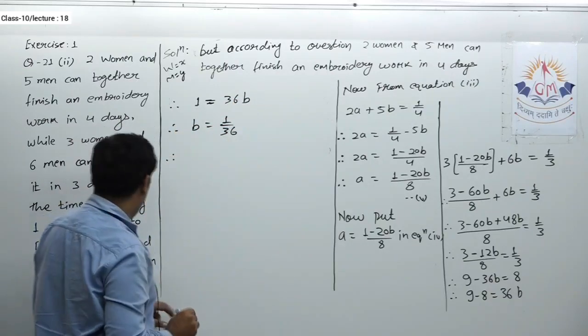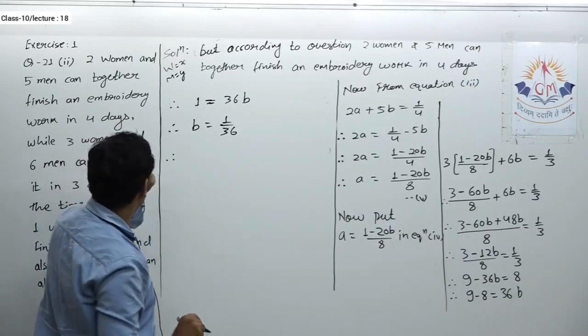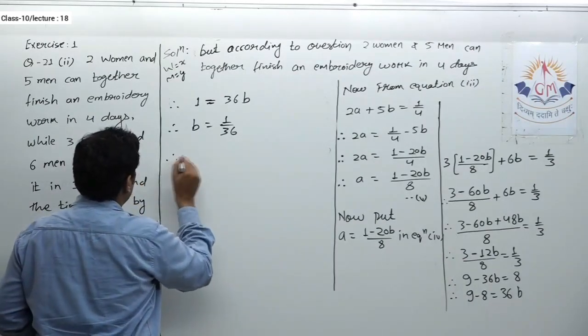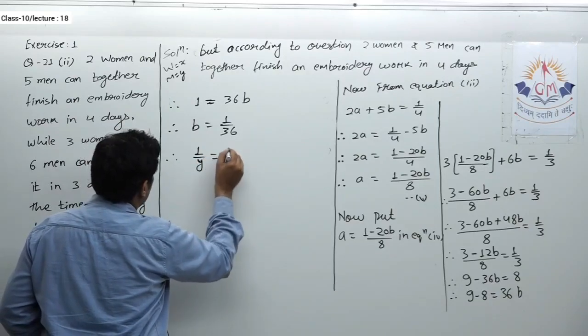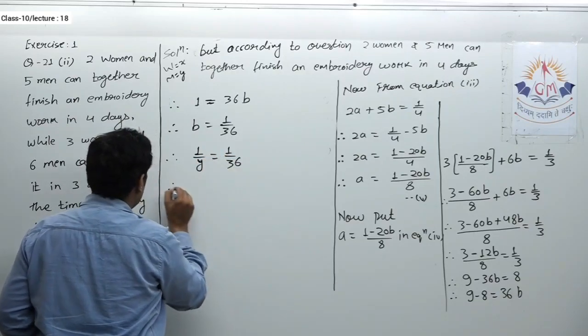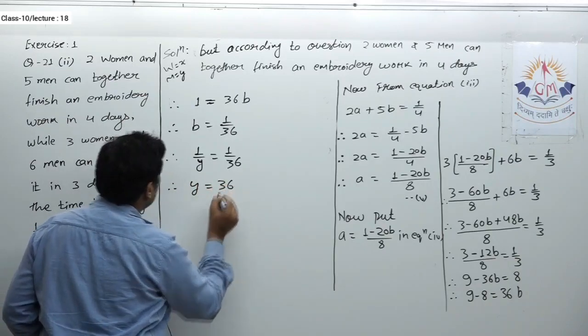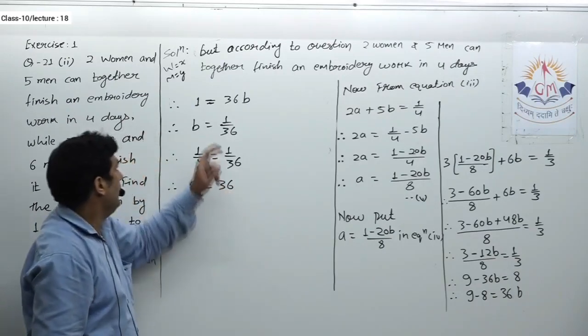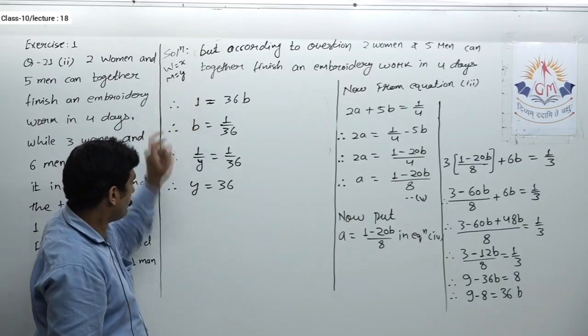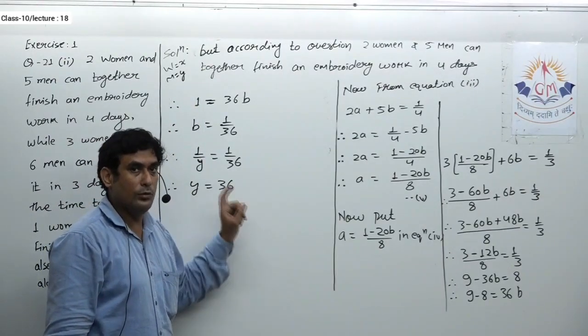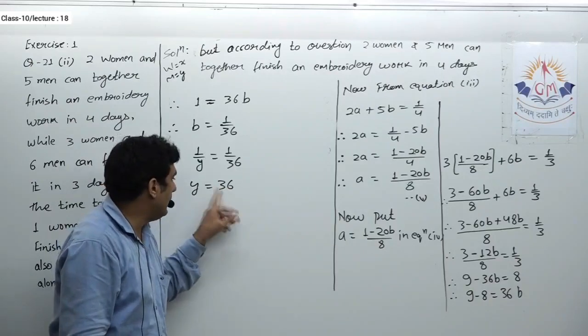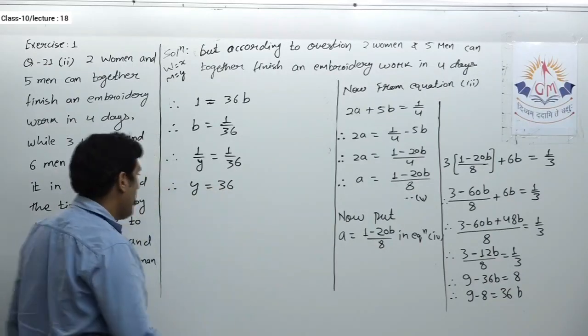Now what was b? b was actually 1 upon y, isn't it? b was equal to 1 upon y, that is equal to 1 upon 36, therefore y is equal to 36. That means the number of days taken by a woman alone to finish that work is 36 days.